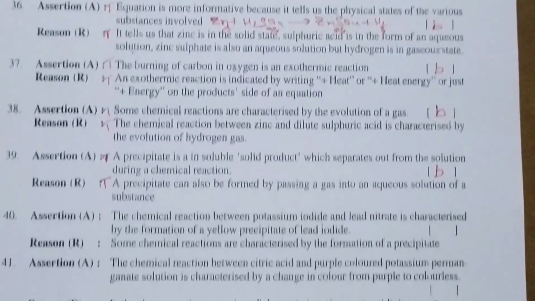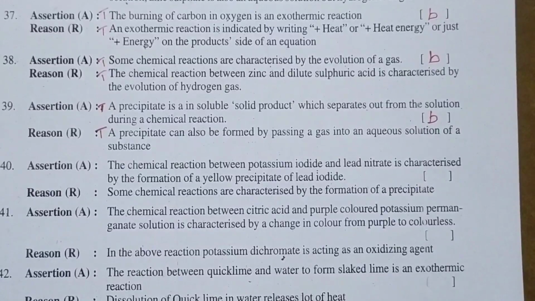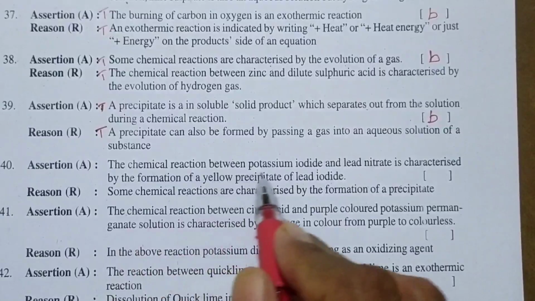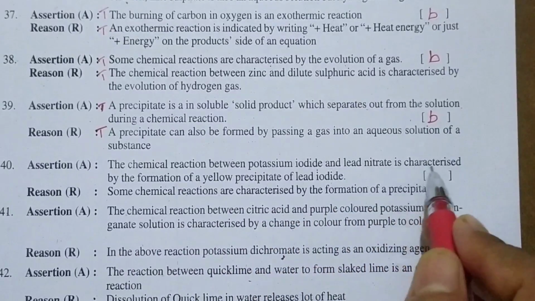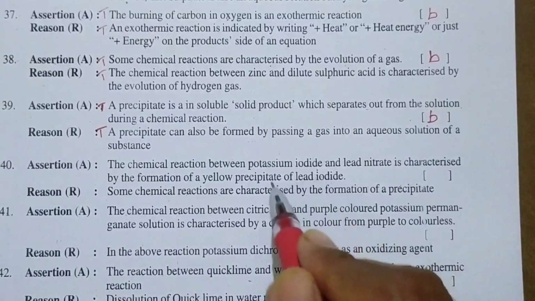Now we see question number 40. Here the assertion is given as: the chemical reaction between potassium iodide and lead nitrate is characterized by the formation of yellow precipitate lead iodide. This is true.